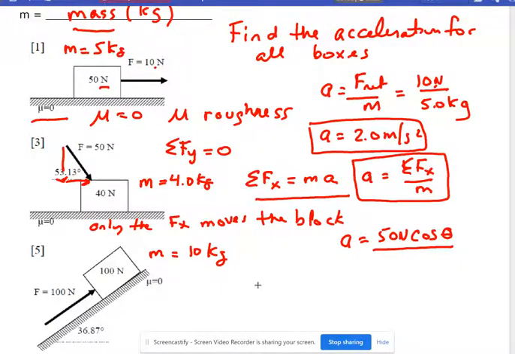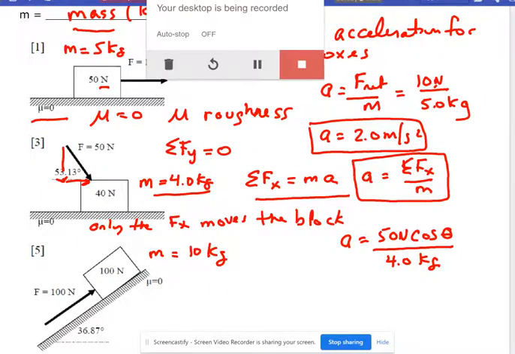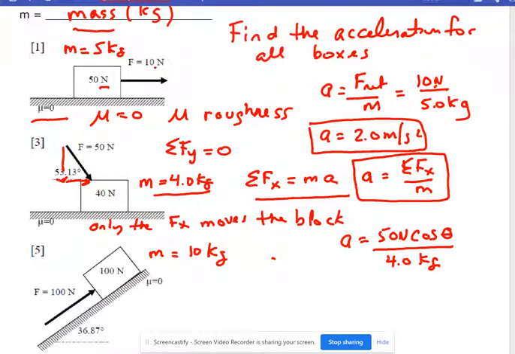Remember, we found out the m is 4 kilograms. So you substitute the 53.13 degrees that's given, and you get A is 7.5 meters per second squared.